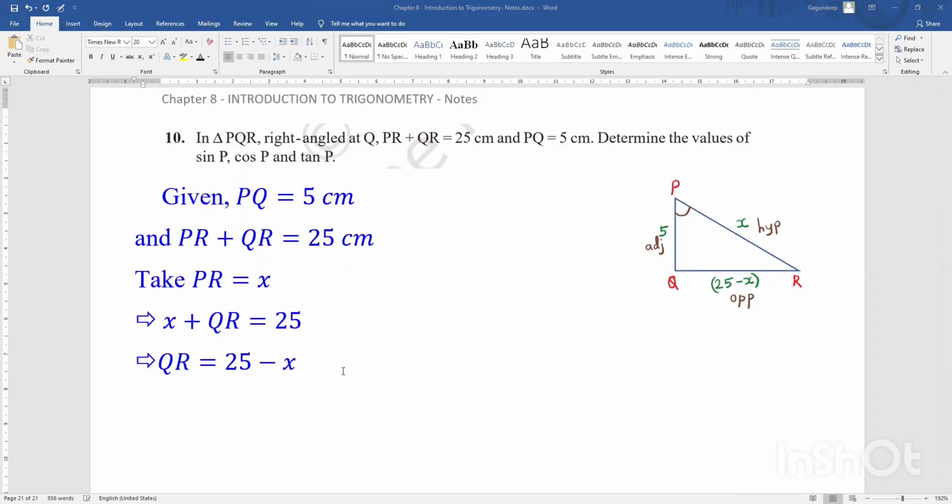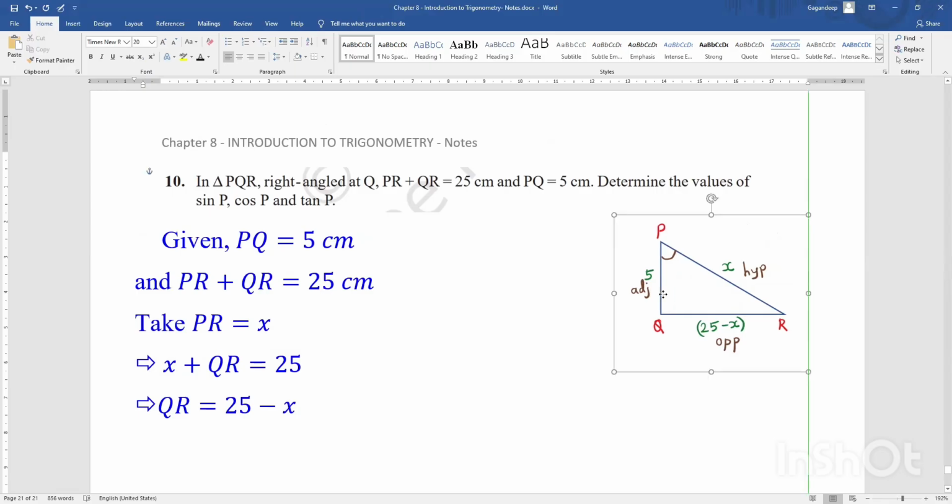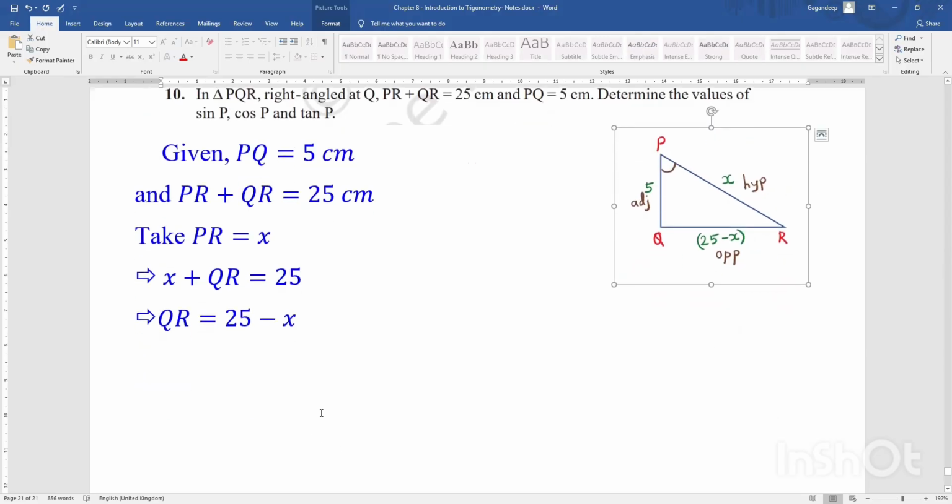Then let us draw the figure for this. So already taken the figure now. Okay. I have taken the right angle triangle PQR in which PQ equals 5 centimeter and then QR you can write it as 25 minus X. So PR is already taken as X. So we are going to use the Pythagoras theorem.